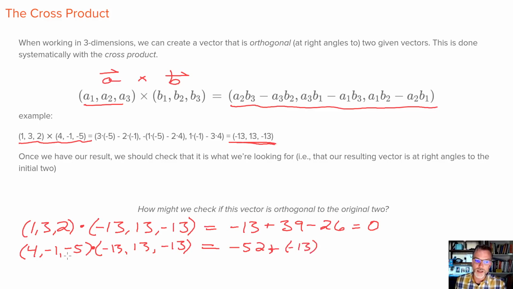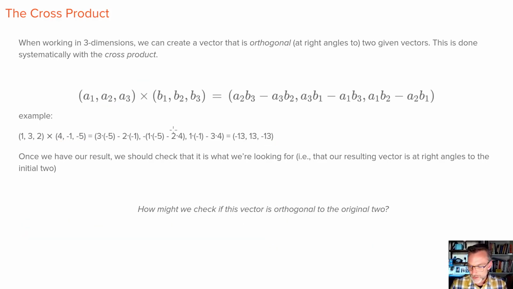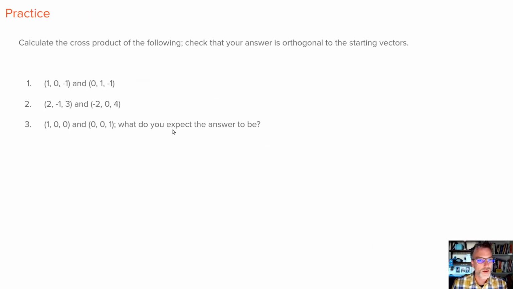And then negative 5 times negative 13 is plus 65. Add those together, I get 0. So sure enough, when I crossed these two vectors, I get this third vector, which is orthogonal to the first two.